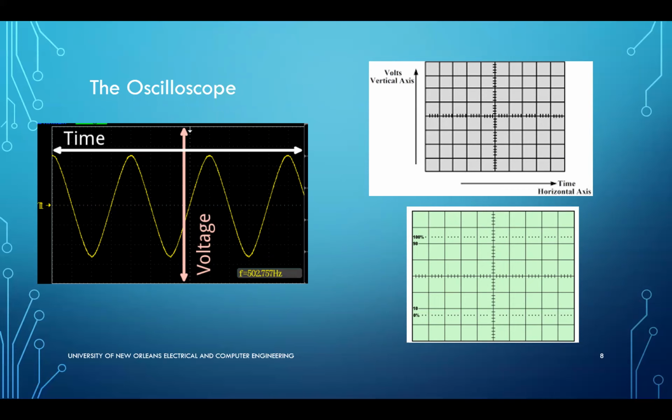And as you see, there are little squares inside the big rectangle here in the screen, and each of those squares represents a division. So that means that, depending on how you set up your scope to read, you can set it up, for example, to have 1 volt per division.